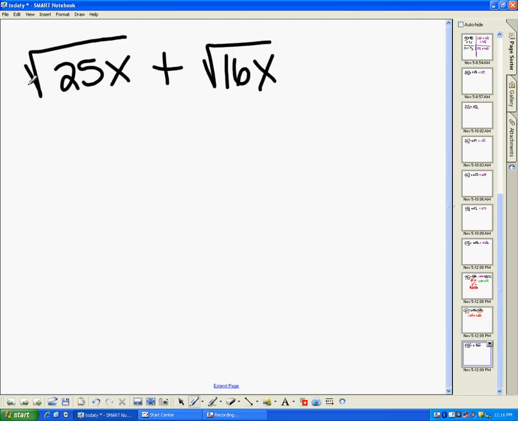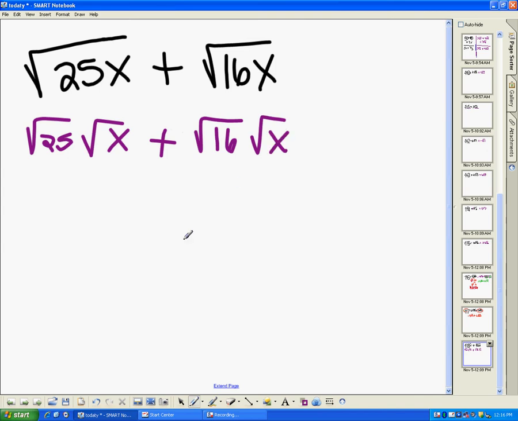All right, and then let's try one more. I've got square root of 25x plus square root of 16x. And just to refresh your memory on these rules, you can simplify this a little bit. Square root of 25x is the same thing as square root of 25 times square root of x, plus square root of 16 times square root of x.